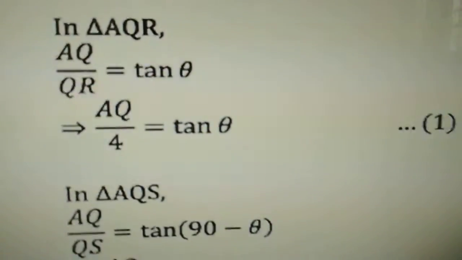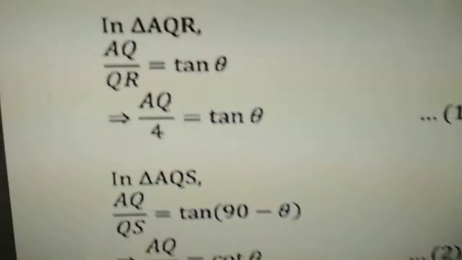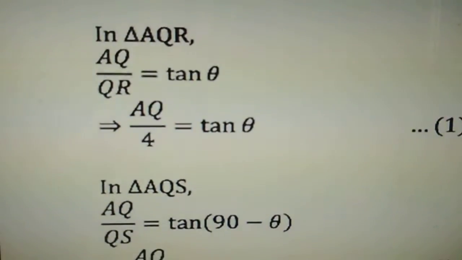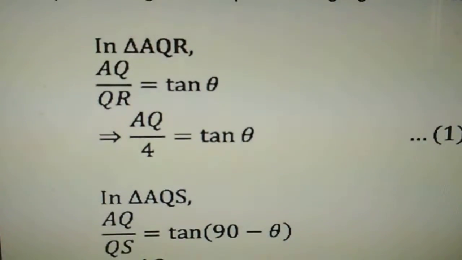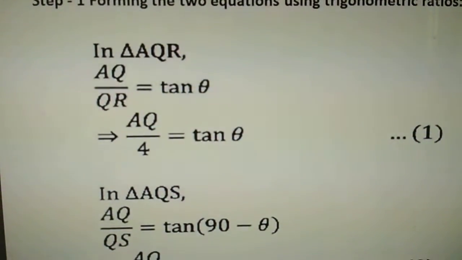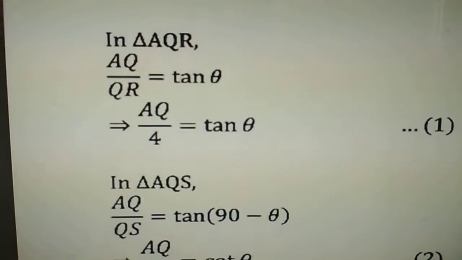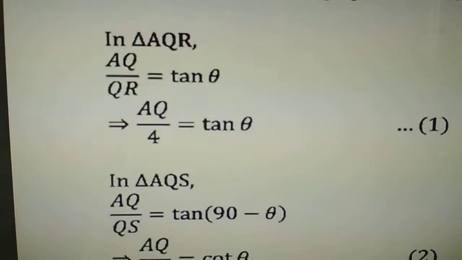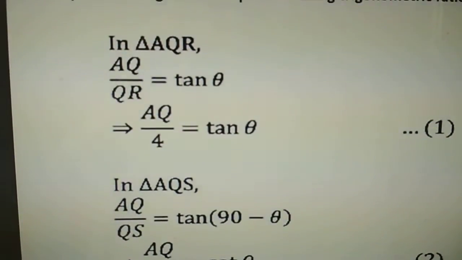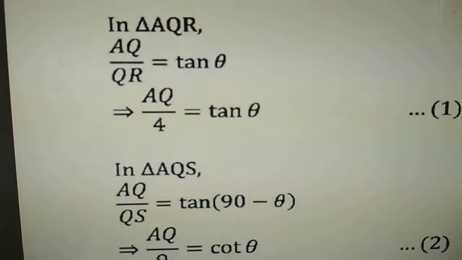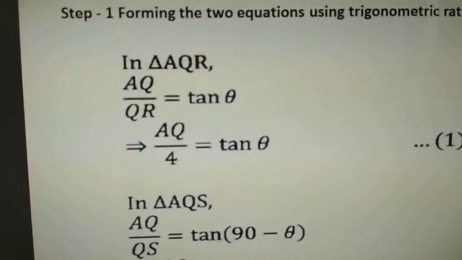Let us take triangle AQR, which is a right angle triangle. We have AQ by QR is equal to tan theta, opposite side by the adjacent side. We are given QR is equal to 4 meters.